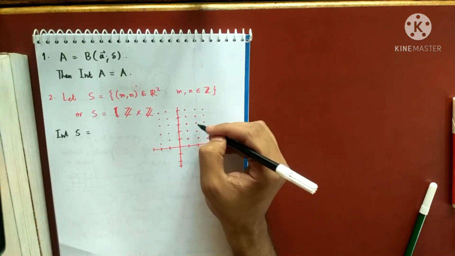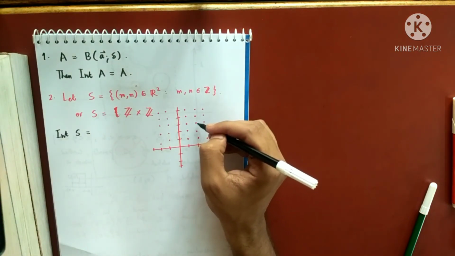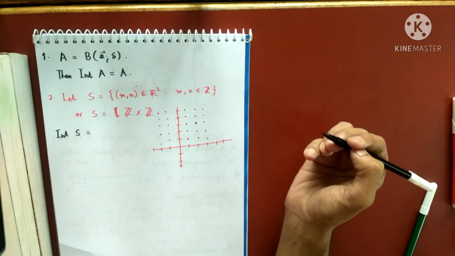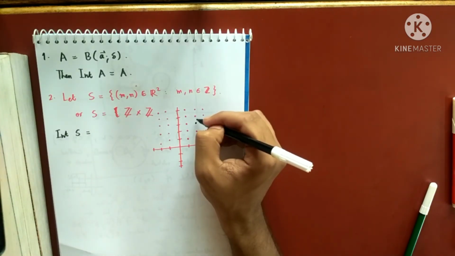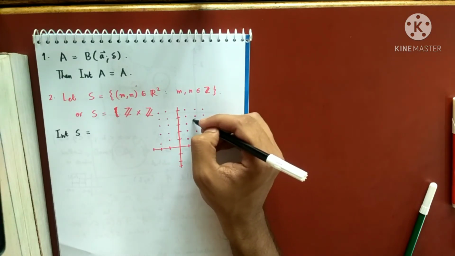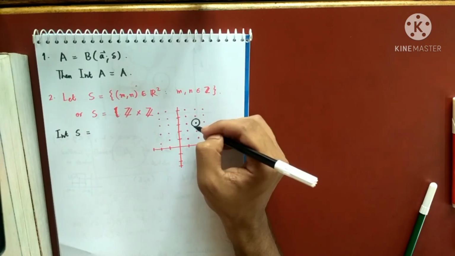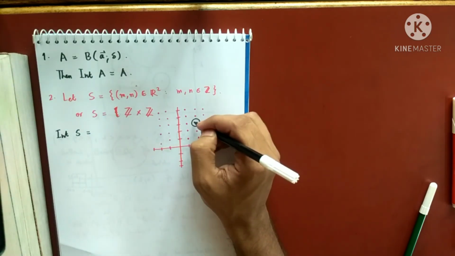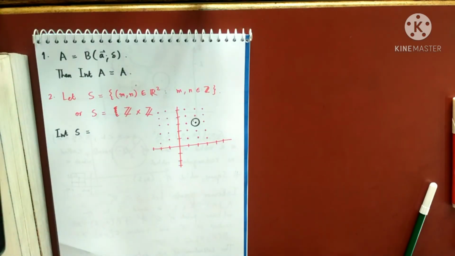Suppose I'm taking this point, arbitrarily choosing this point. Is this point an interior point of S? No. Because whatever open ball you choose, however small or however big, this cannot be inside S because this point is not a member of S.